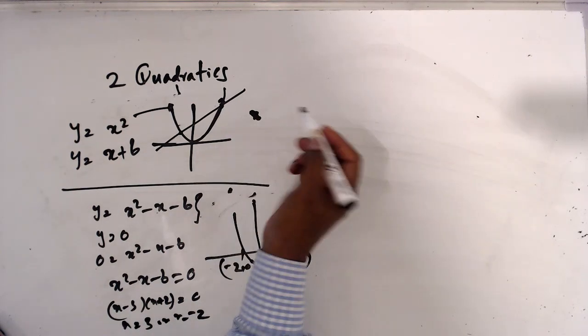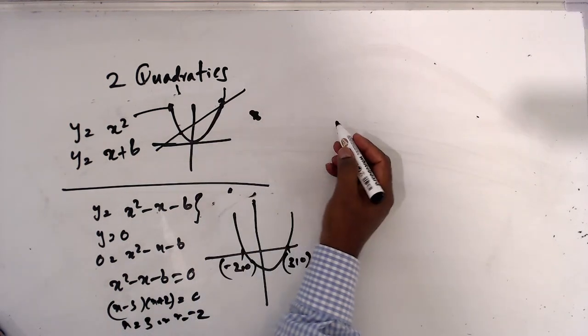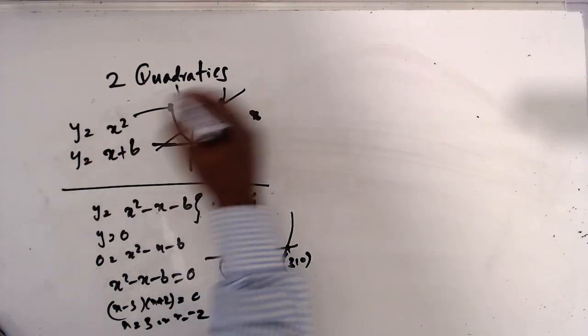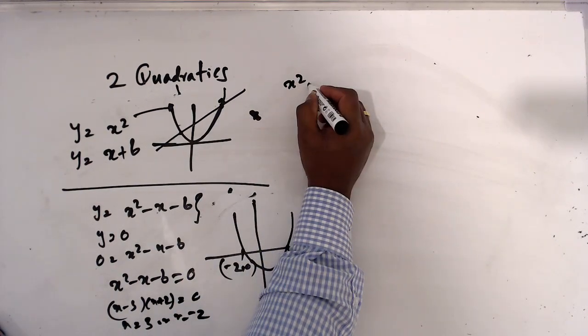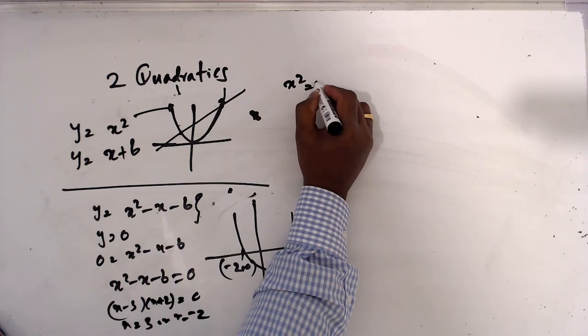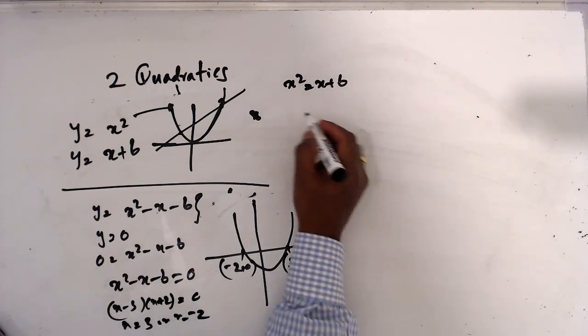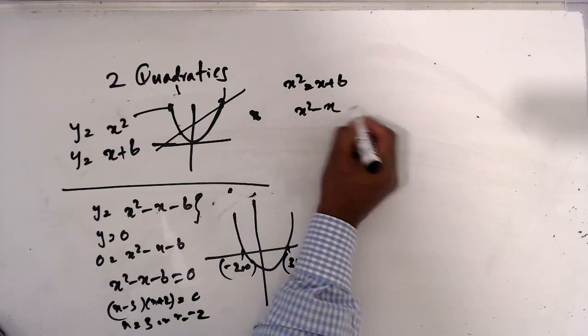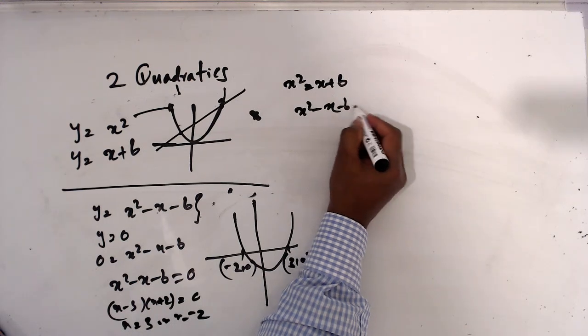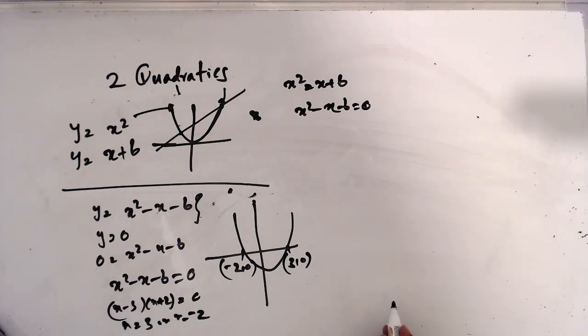Now we need to find the intersection. What did we do? We want to equate those two: x square equals x plus 6. Then x square minus x minus 6 equals 0.